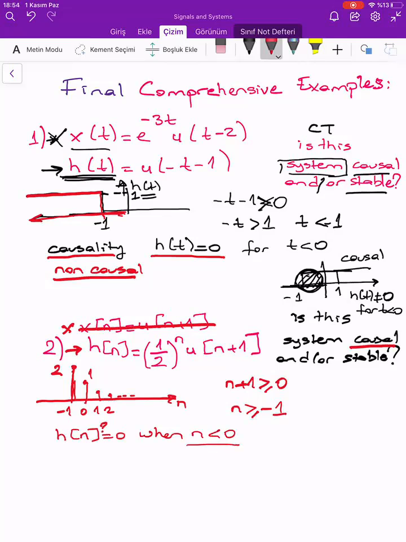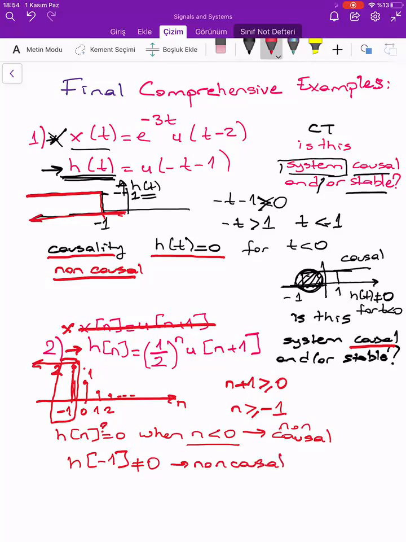So I should check if there is anything in this part of my signal. Yes, there is. So there is this component which causes the system to be non-causal. Okay. So because h of minus 1 is not equal to 0, my system is non-causal.